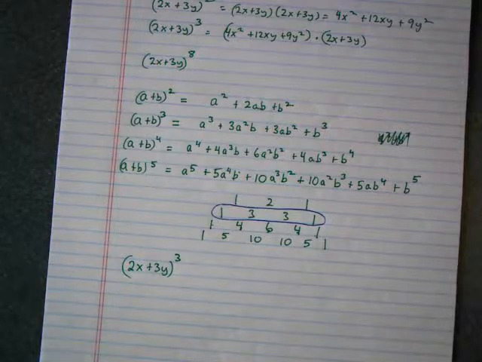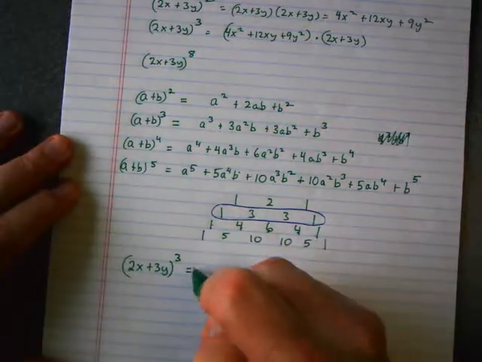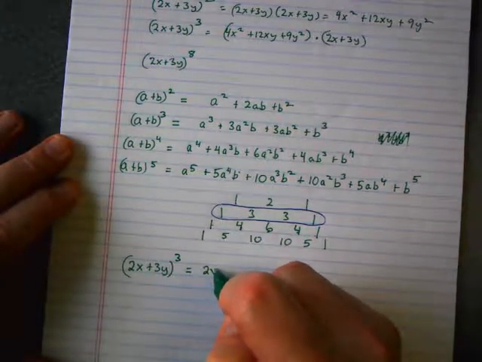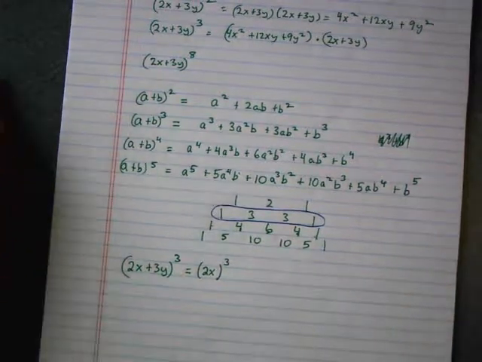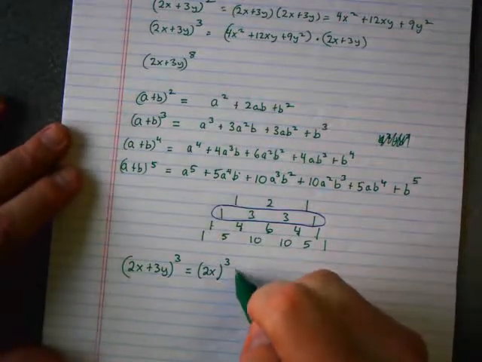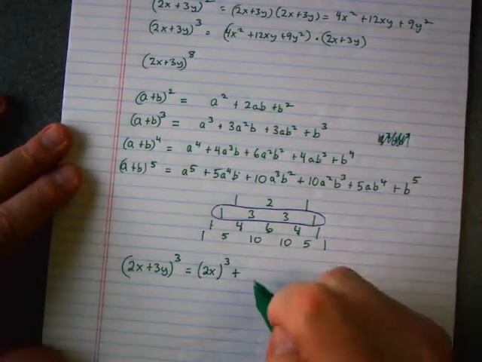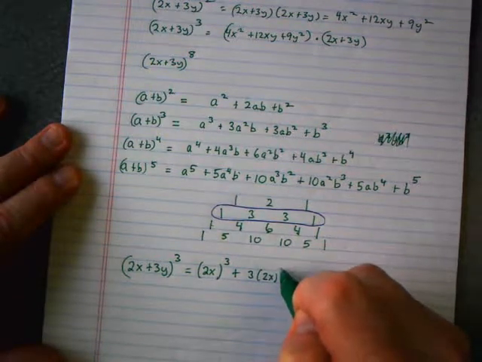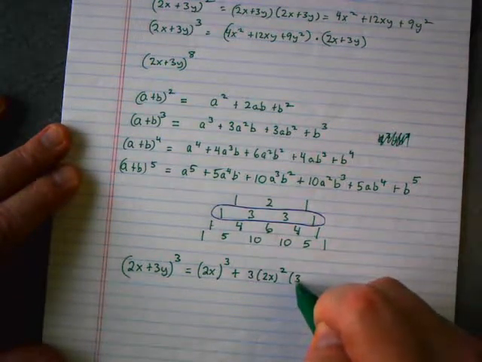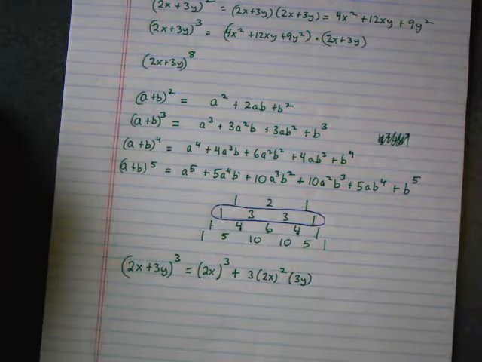Oh, it doesn't take forever at all. Watch this. Because it says you do the first thing, which is 2x, and you cube it. Plus, the coefficient is a 3, so you write a 3 down. 2x gets squared, and then you have a 3y to the power 1.